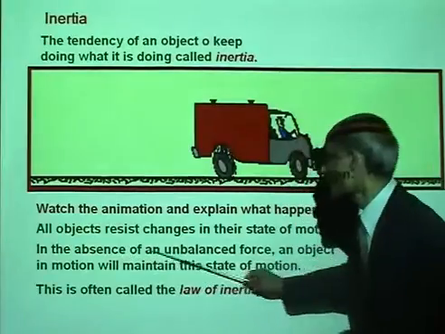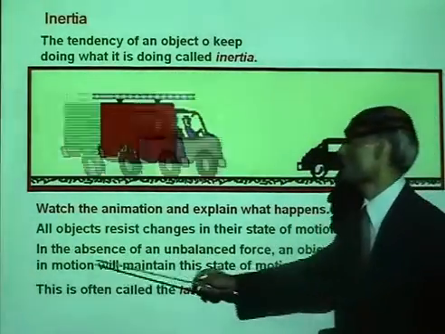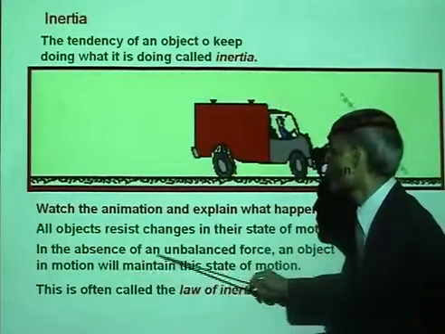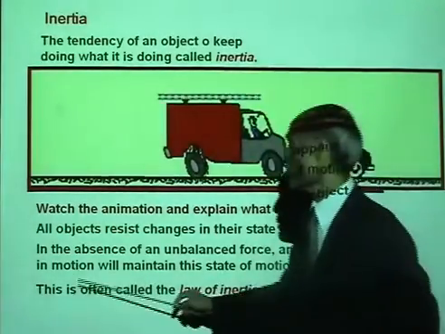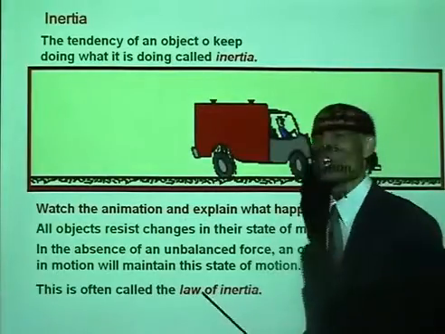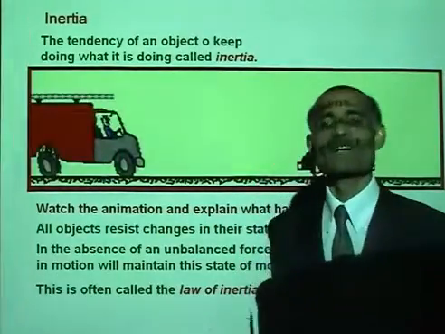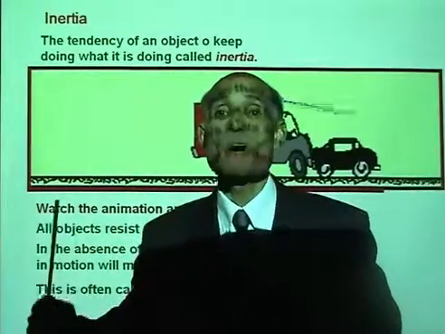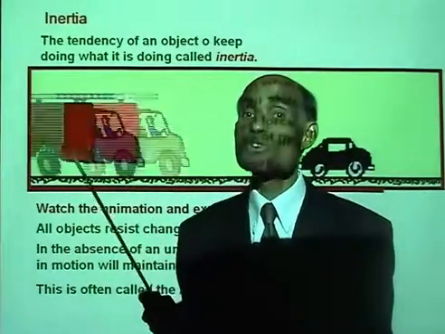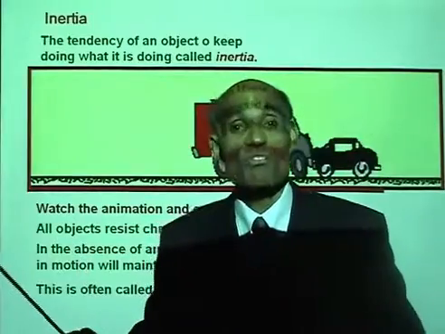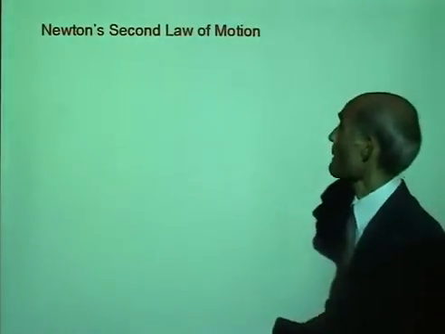So, in the absence of an unbalanced force, an object in motion will maintain the state of motion. So, this is often called the law of inertia. So, the first law of motion, Newton's first law of motion, is also called the law of inertia.